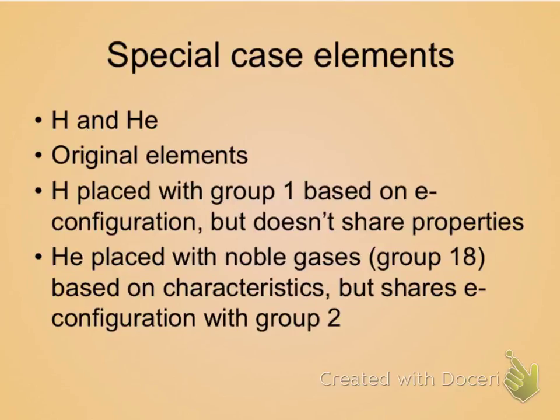It doesn't have any p's; it's only got electrons on the first main energy level. So hydrogen fits in electron-wise but not characteristic-wise, and helium fits in characteristic-wise but not electron-wise. They're just oddballs, and it comes from the fact that they have very low numbers of electrons.